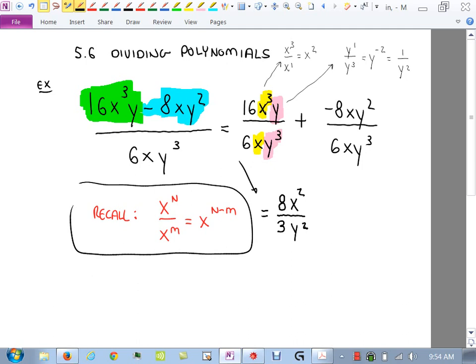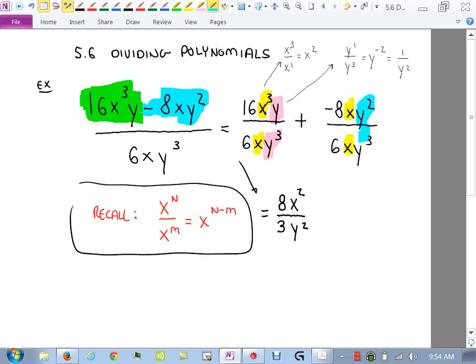Plus? Or minus? Well, let's see what we have. What can we do here? How about these x's? How about the x's here? They disappear, right? X divided by x is 1. So that's just a 1. And then what about y squared over y cubed?